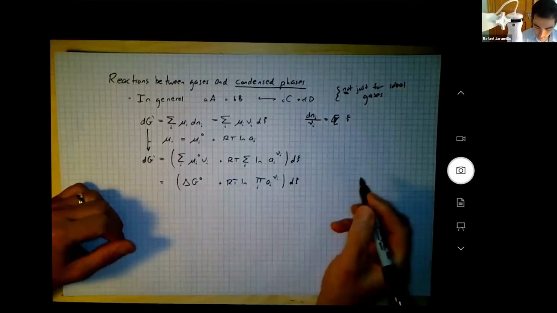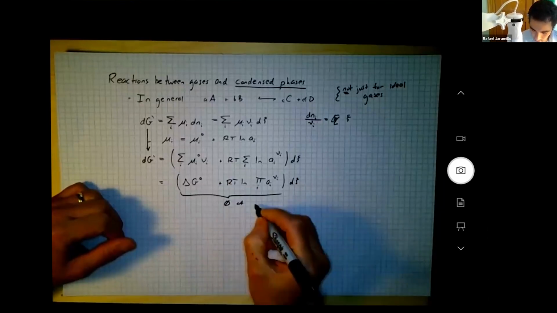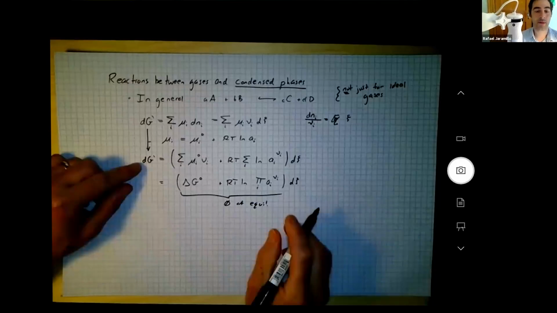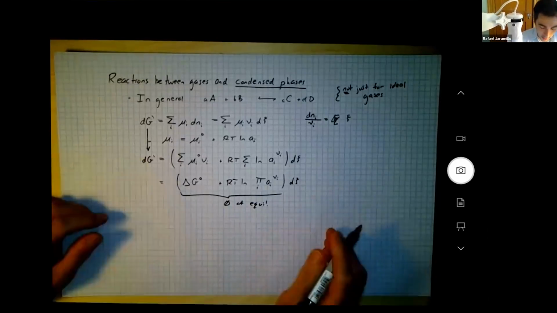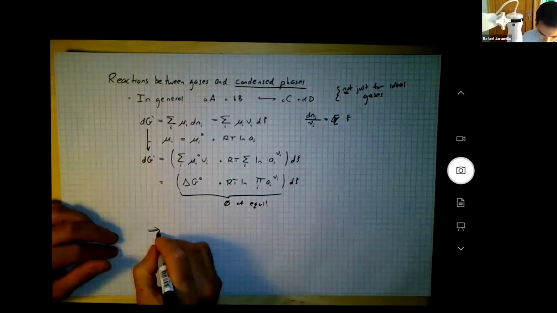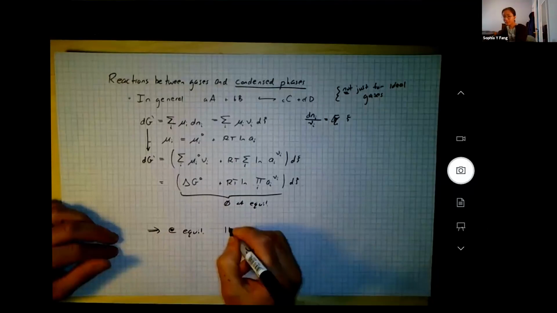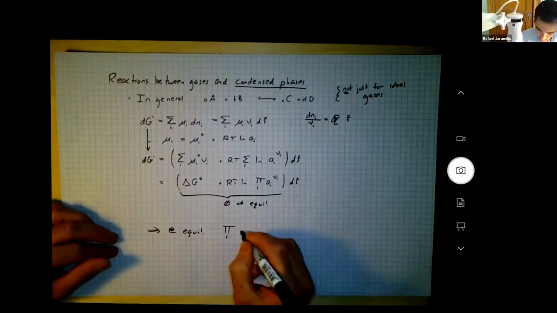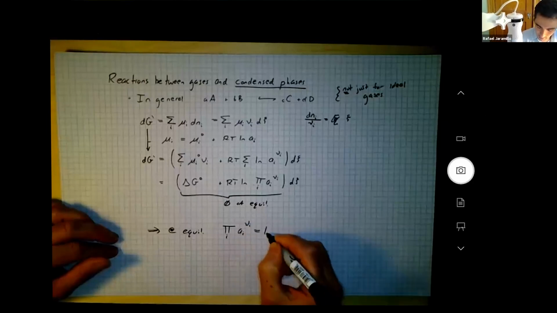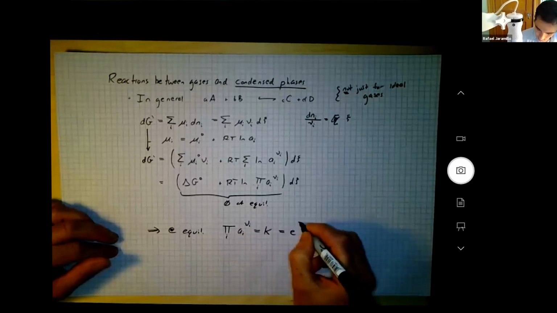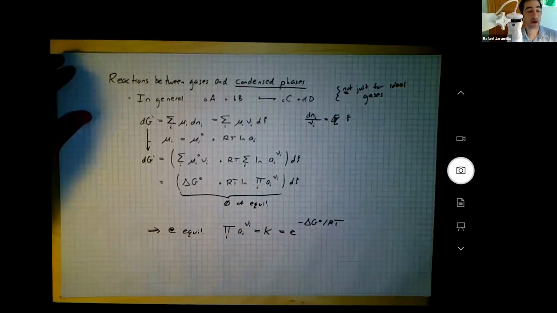And of course, this is 0 at equilibrium, because at equilibrium, Gibbs free energy is optimized. So the coefficient is 0, and we get at equilibrium this product of a_i to the nu_i, which we call the equilibrium constant, equals e to the minus delta G naught over RT.